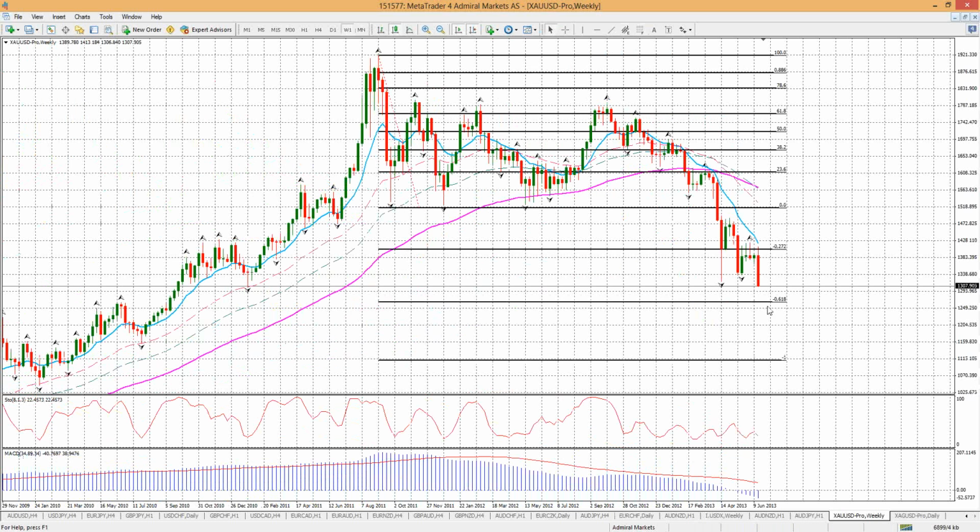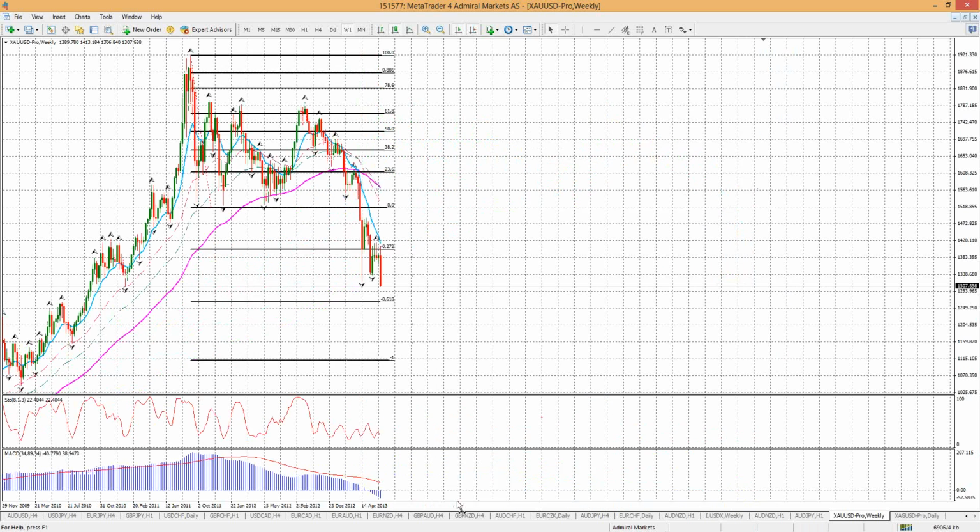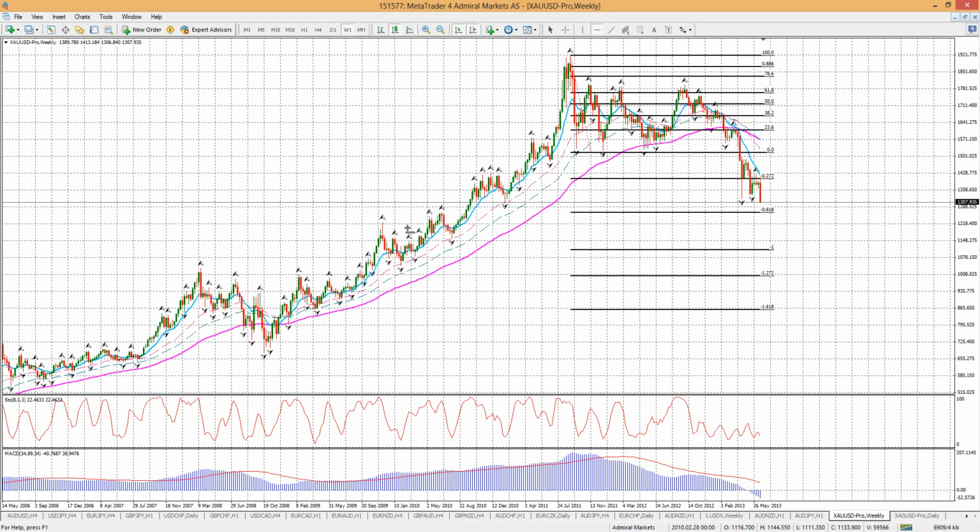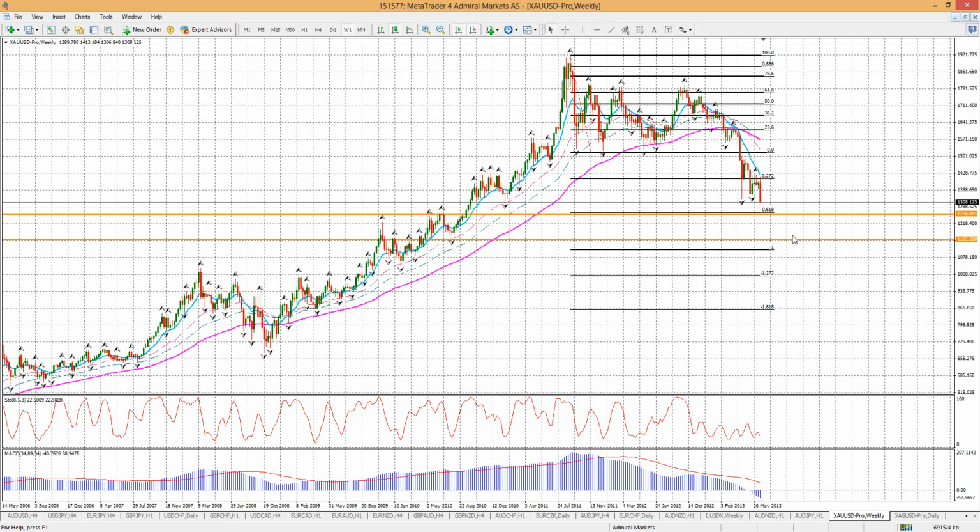Let's see, the 618 target is at 1250, I think. That could definitely be a bouncing area because that ties in with some support here on the left and this zone here, which is some support there, I would say.